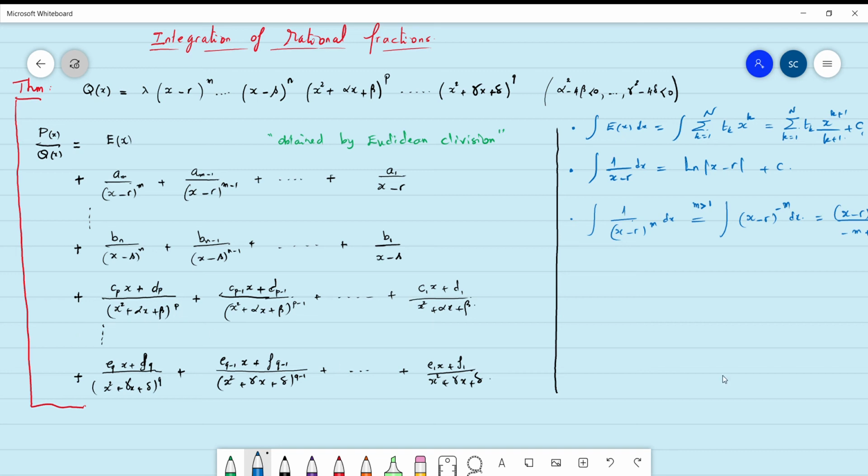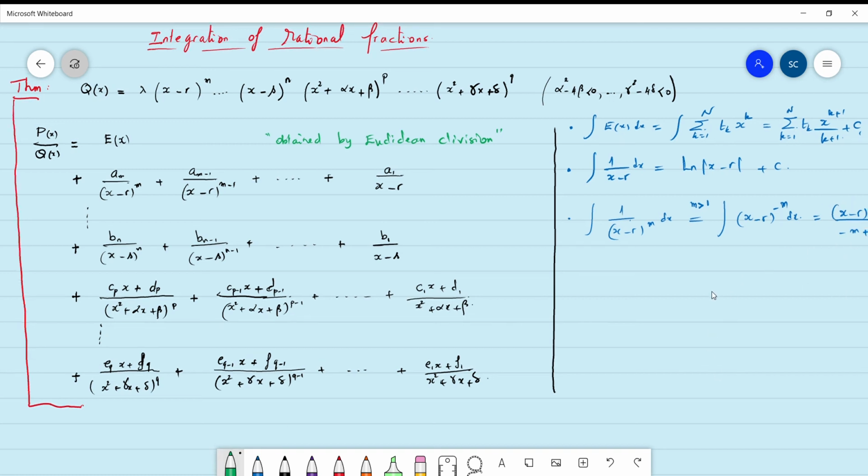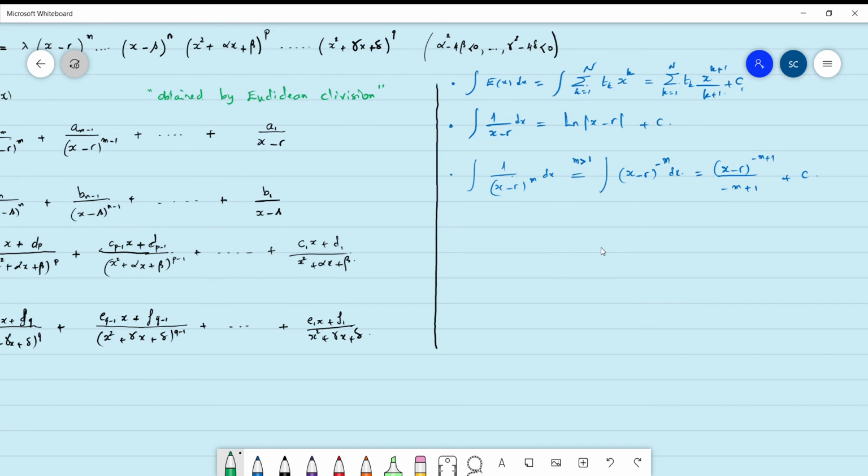So let's give the idea of how it works. Let's concentrate on something like Cx plus D over x squared plus alpha x plus beta. So degree 1. I need to work on this term.